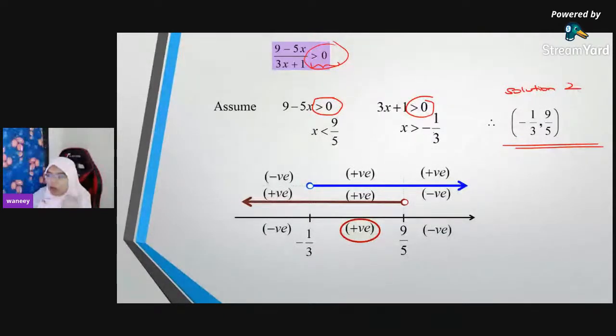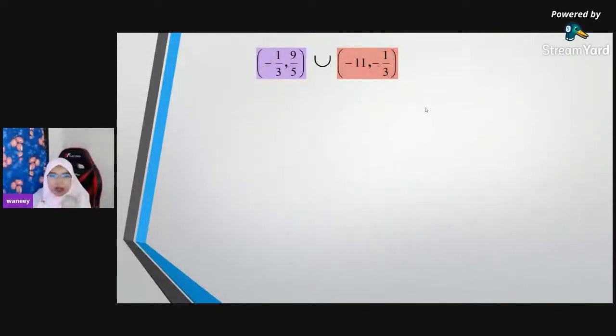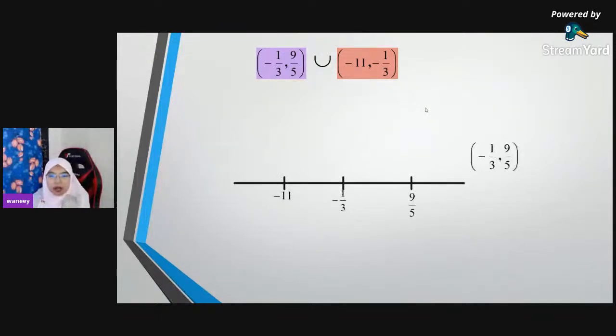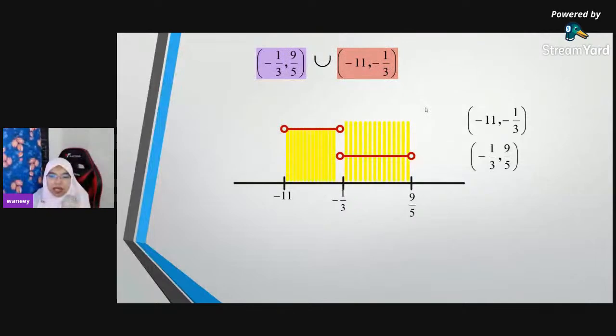Okay, so we have solution 1 and we have solution 2. Now let us combine them together in one number line. So we have negative 1 over 3 up until 9 over 5, union with negative 11 up until negative 1 over 3. So draw the number line. We are going to use the union for them. Okay, so now take everything below the line, because it is the union. So everything below the line.